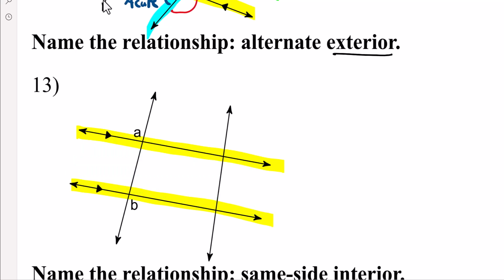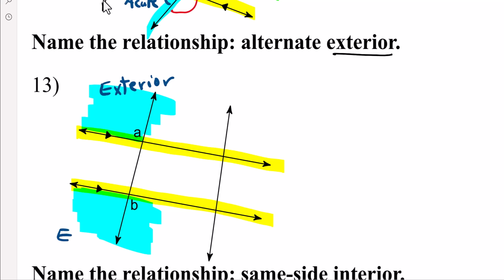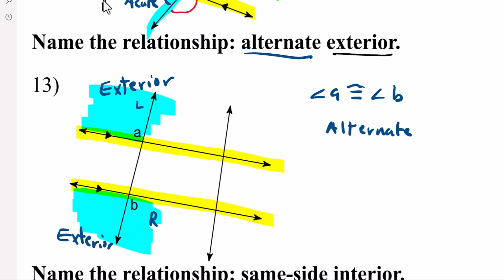What we do have marked are angles on the exterior. And notice angle A is on the left side, angle B is on the right side. Those are alternate sides. So angle A is congruent to angle B for the reason they are alternate exterior angles. That's the relationship.